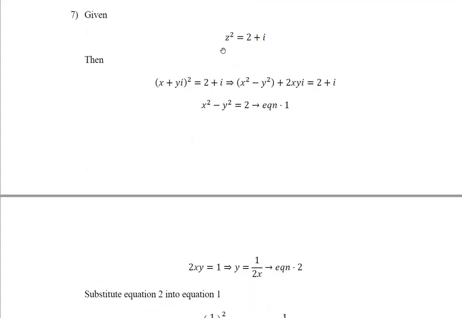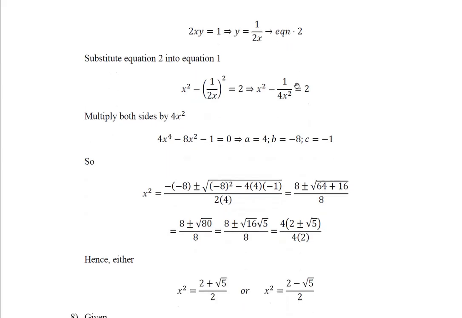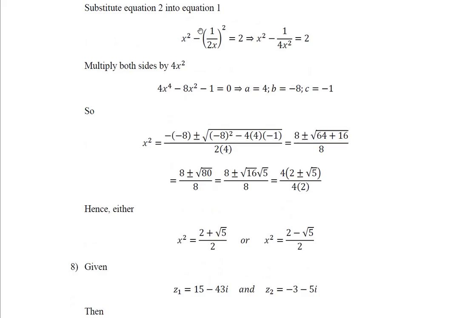Number 7. Given z squared is equivalent to 2 plus i, then x squared minus y squared is equivalent to 2, and 2xy is equal to 1, which implies that y is 1 upon 2x, and I'll call this equation number 2. Substituting equation number 2 into equation number 1, I am able to obtain the following quadratic equation: 4x to the fourth minus 8x squared minus 1 equals 0.